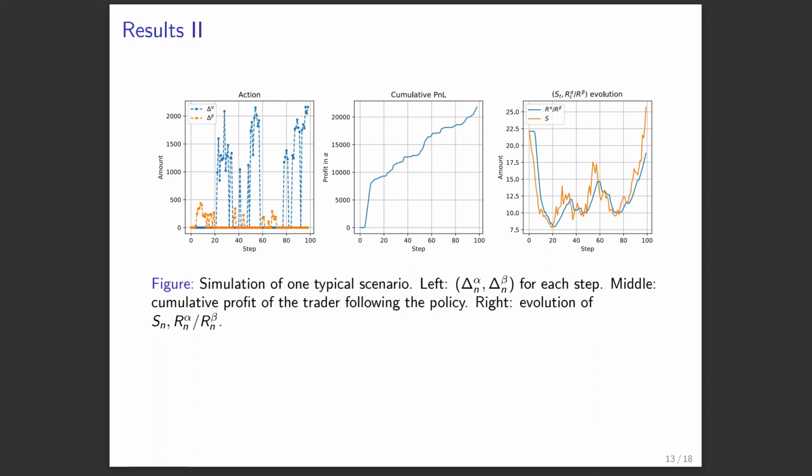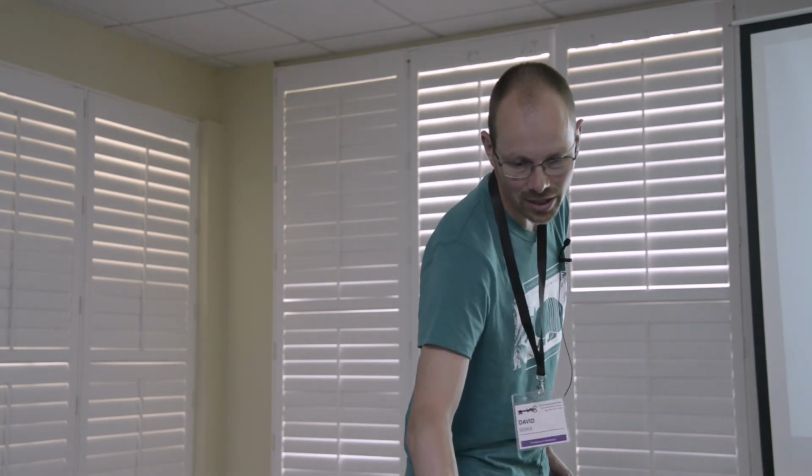And here is a typical run of the trained agent, the pool and the external price, and you see it sometimes chooses to trade when it's a good deal. It's making money, and this is a known result that if people try to arbitrage these constant function markets, then they can follow the external asset price very well. So that's just a sanity check that things work.